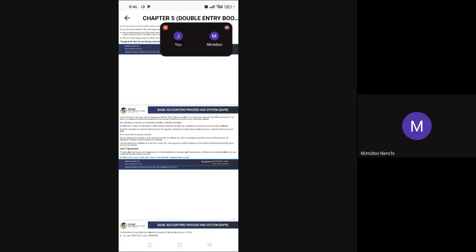No question. So now let's quickly look at cash transactions. The last time we had a class, we only looked at the four types of journal, though there are more than those four.